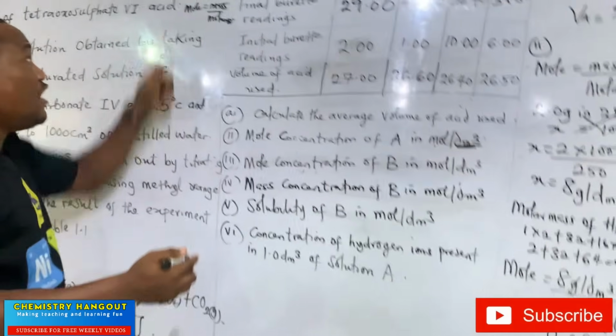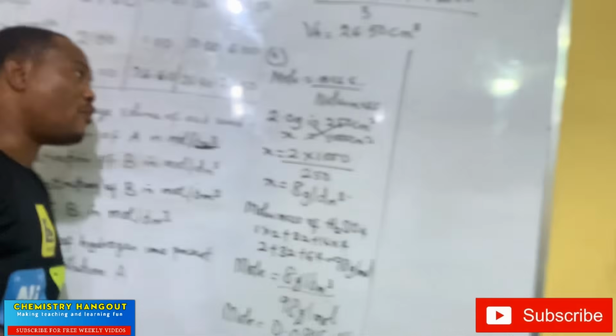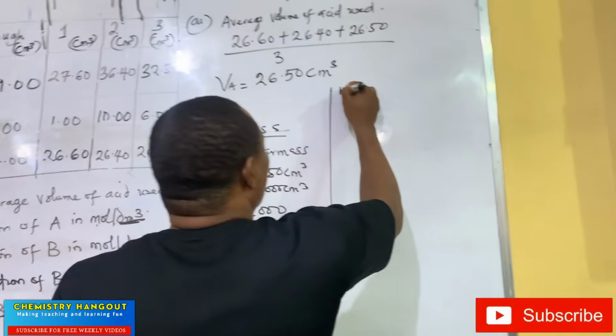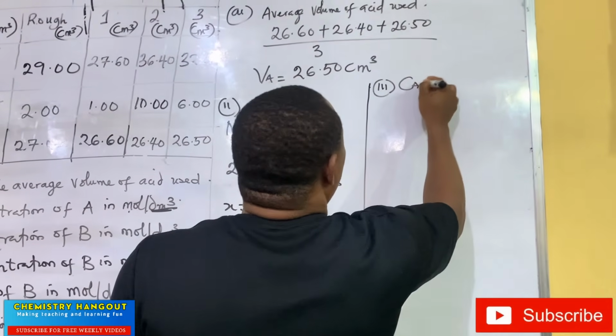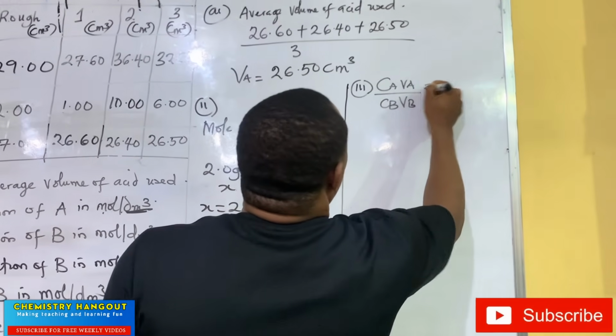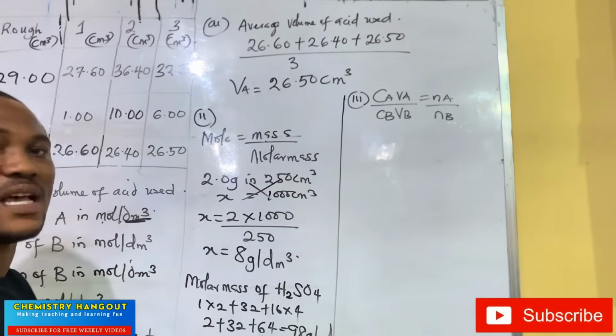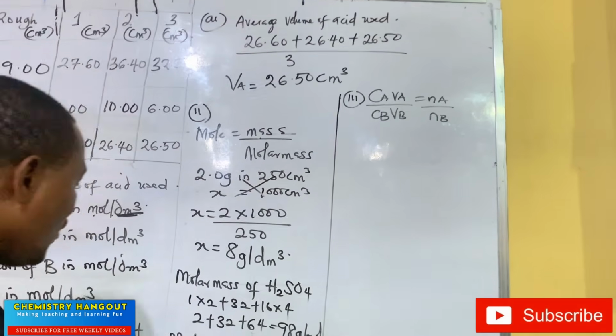They didn't give us anything about the mass of B, or anything about the mole of B. And I've told you, if this doesn't work, which one will work? If you have been following our channel, the titration formula will work. So the third one now, I can use CA VA over CB VB equals NA over NB. Does this make sense? So concentration of A, we have gotten that.